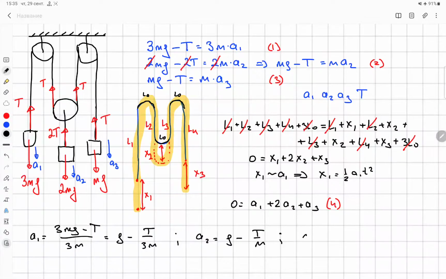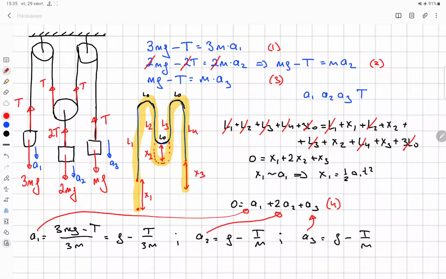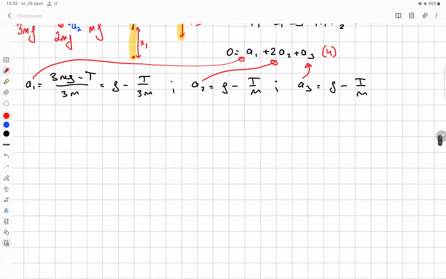From equation 3, a3 equals the same, g minus tension over m. And I will substitute all these accelerations in equation number 4. Why? Because in equation number 4, we will have only one unknown, which is tension. First of all, we will find tension, and we'll come back to equations 1, 2, 3 in order to find accelerations.